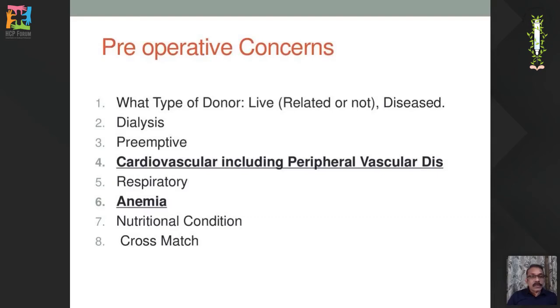Cardiovascular is one of the very important preoperative concerns, because as the previous speaker has very extensively elaborated, cardiovascular risk is perhaps the most important concern for us during the surgery, because adverse cardiovascular events are extremely common, in almost 48% to 50% of patients. Even in the post-transplant duration their cardiac risk remains, and most of the time post-transplant mortality or morbidity is directly associated with the cardiovascular component.